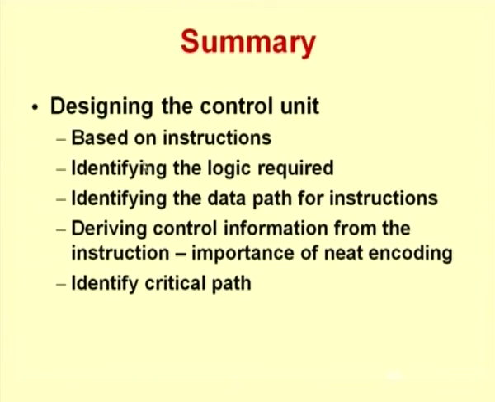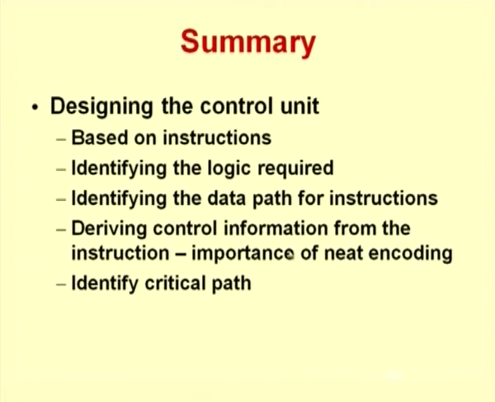We looked at how the logic needs to be identified. The logic required we identified based on the instructions again. Then we also looked at identifying the data path for the different instructions, and we saw how the control information can be derived from the instruction. Not only from the instruction directly, but also from different pieces of information that come out when the instruction is actually getting executed.